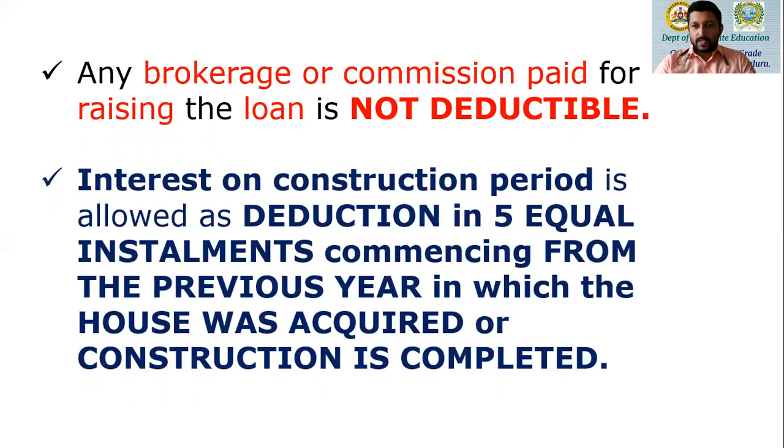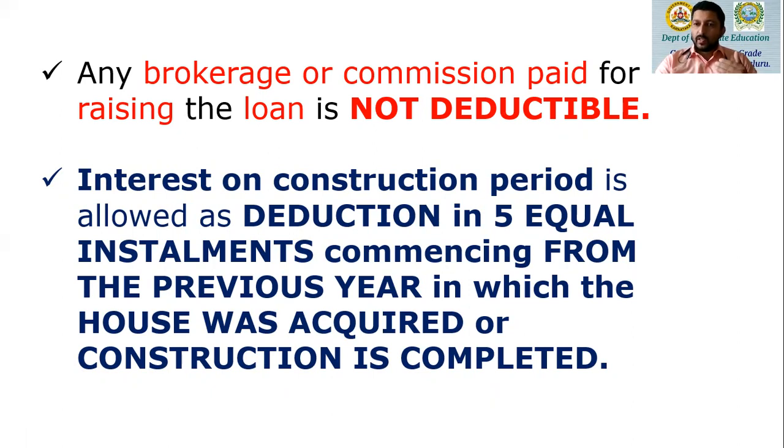The last one is interest on construction period interest. We need to understand what construction period interest is. We have bought a piece of land and now we are constructing a house. The house is not completely done. The local government, the municipality or the city corporation, has not issued the door number. That means construction is not completed.